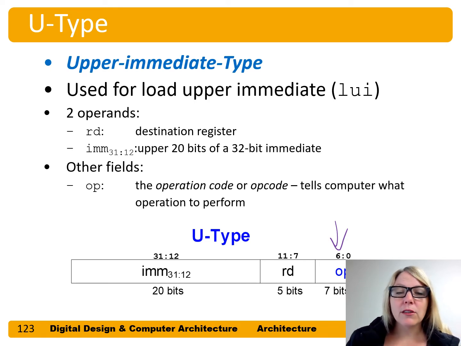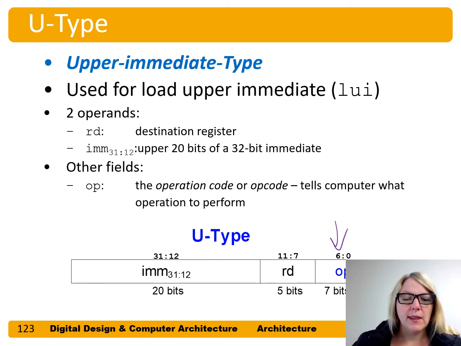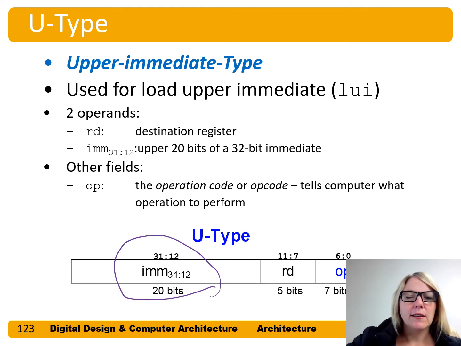There's no funct3 or funct7 field. So the opcode completely determines what operation to perform for U-type instructions. And then there's a destination field, RD. Again, we use 5 bits, and here's our immediate encoding, again that upper 20 bits of the immediate.